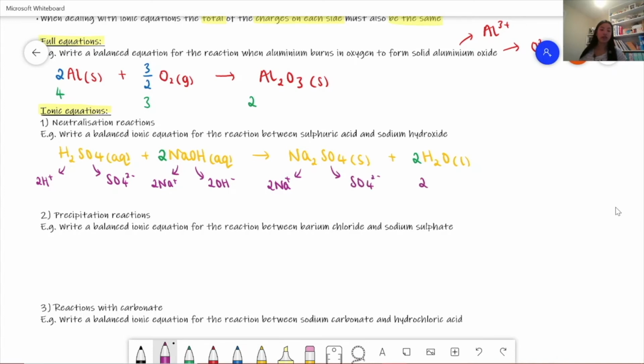And then we have 2 waters. We can see that on the left-hand side of this equation, we have a sulfate here and 2 Na+ ions here. And we also have 2 Na+ ions here and sulfate ions here. So these actually don't change, and they don't affect the reaction which is happening, which is the neutralization reaction. And so we call these spectator ions. So if I put a star and label it here, these are spectator ions.